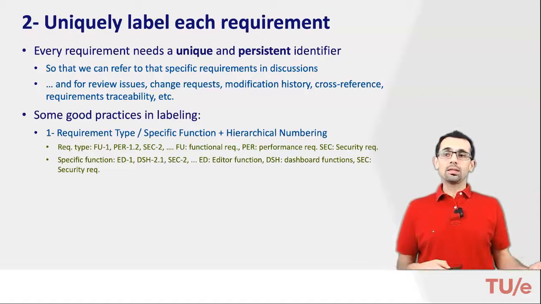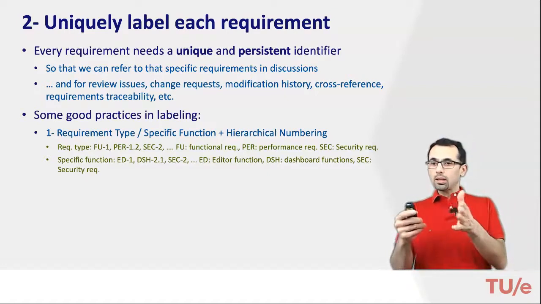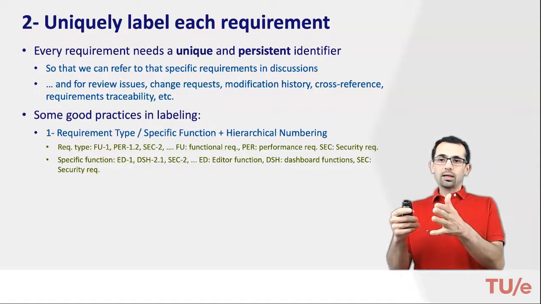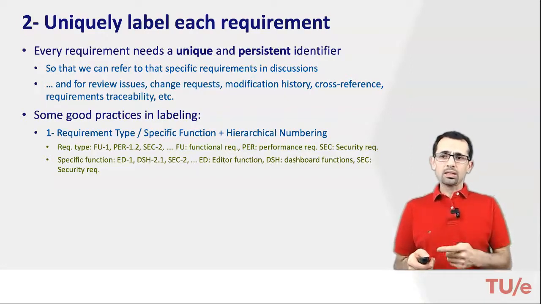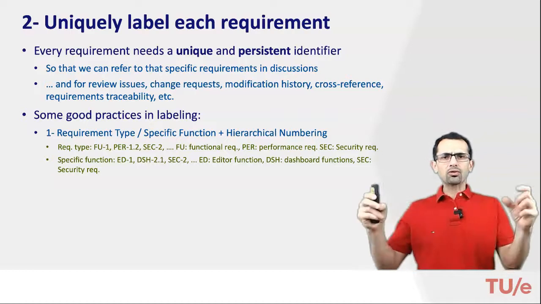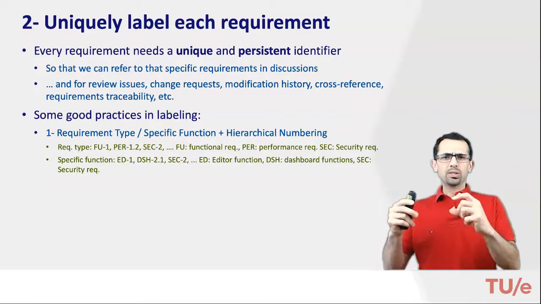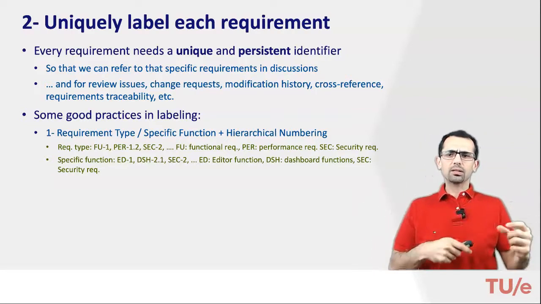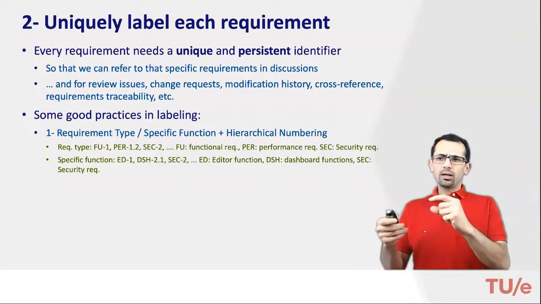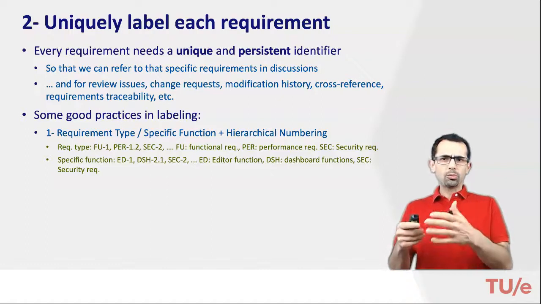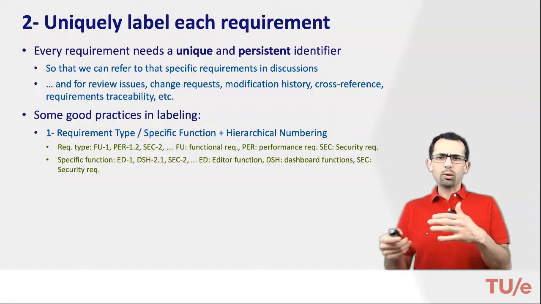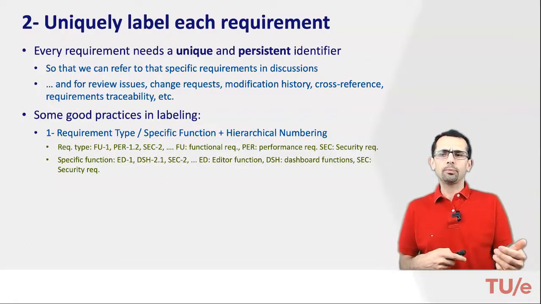Some good practices in labeling is that you can have this hierarchical numbering, okay? Here you see the labeling structure, requirement type, specific function, plus hierarchical numbering. Functional FE1, performance requirement 1.2 and so on and so forth.